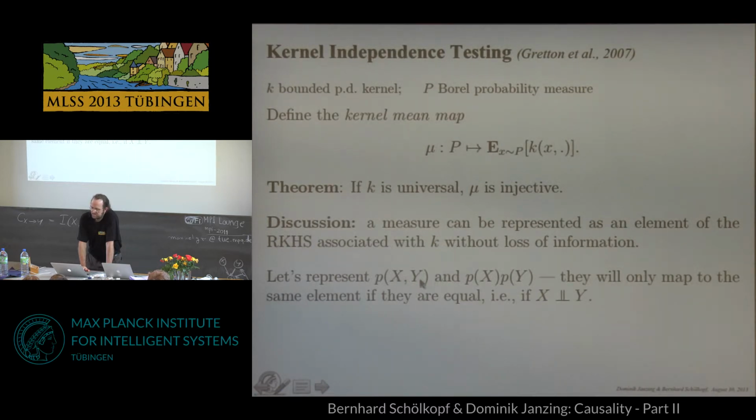If we are interested in independence between x and y, or in a dependence measure, we're going to take the joint distribution of x and y, map it into this space, and then we will take the product of the marginals, also map it in that space. By the injectivity of this mapping, these two distributions will map to the same point if and only if they are equal. And testing whether they're equal is exactly independence testing.